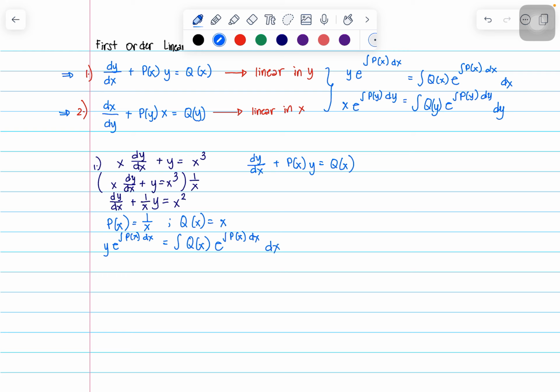All right. So substituting, y times e to the integral of p of x, that is 1 over x dx, is equal to the integral of q of x, that is x squared, times e to the integral of p of x, so p of x is already 1 over x, dx.